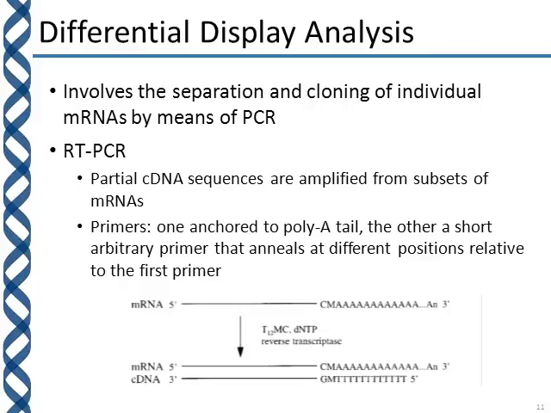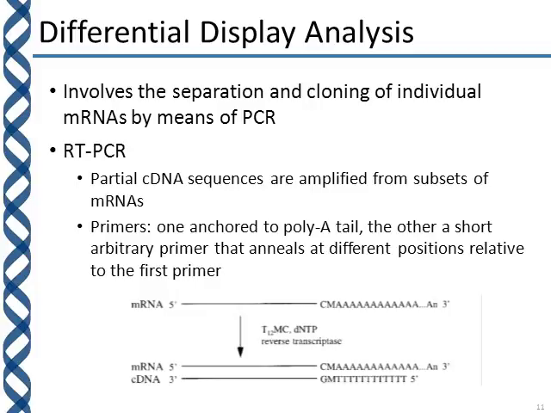Partial cDNA sequences are amplified from subsets of messenger RNA. For primers, differential display analysis uses one primer that is anchored to the poly A tail of the messenger RNA. The other is a short, arbitrary primer that anneals at different positions relative to the first primer.